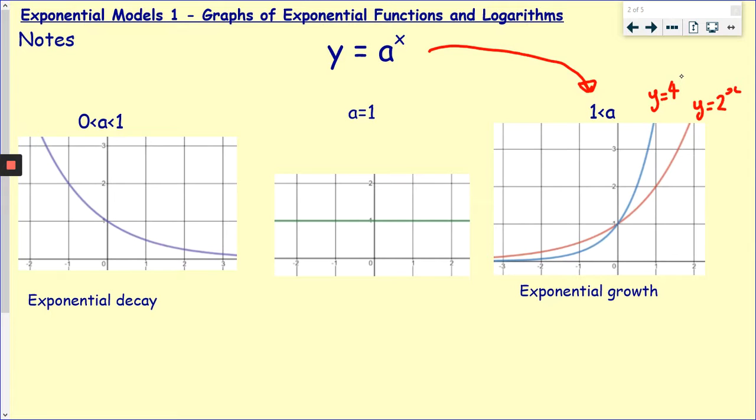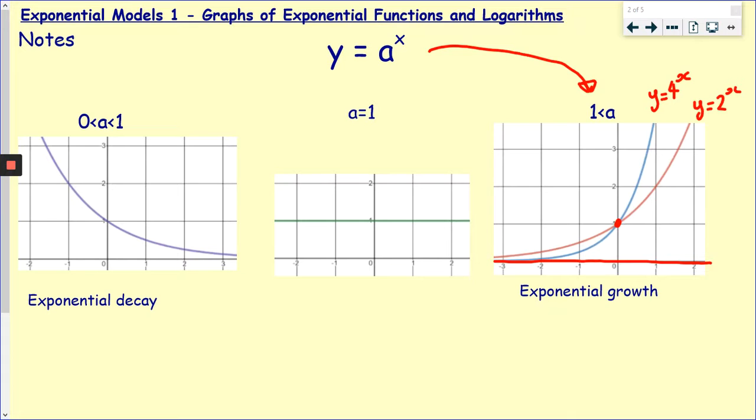So the bigger that value of a, the steeper it is here, the closer it is to the x-axis, but it still goes through this point 0, 1. The x-axis is essentially an asymptote. It never crosses that line. It will get closer and closer to it, but will never cross it. So the whole of the exponential function is above the x-axis, is positive. None of it is ever negative, nor is it equal to 0, although it gets close to 0.